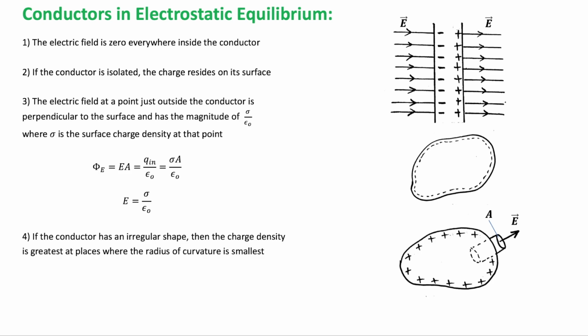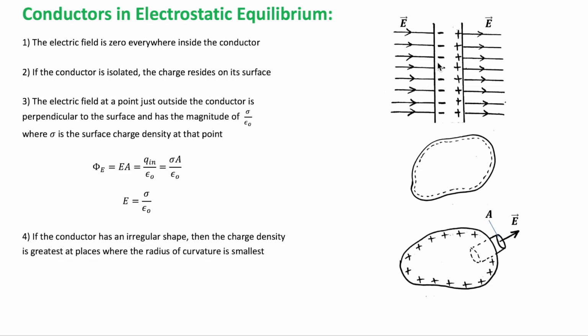To understand this point further, consider the example of a conducting slab placed in an external electric field E. Before we place the slab, the free electrons are uniformly distributed throughout the conductor, right? But after we place it in the external field, the free electrons accelerate to the left.